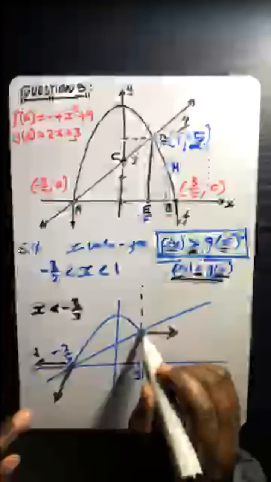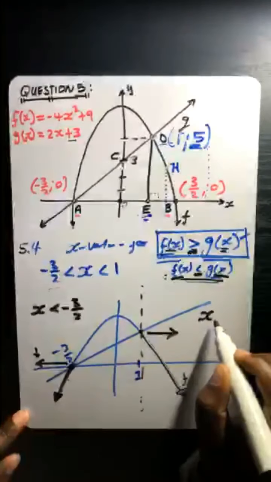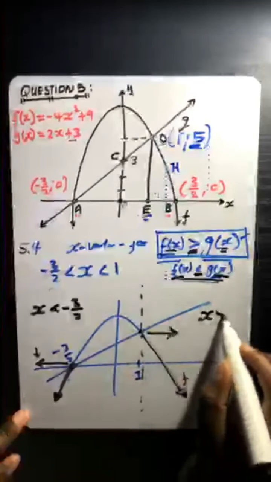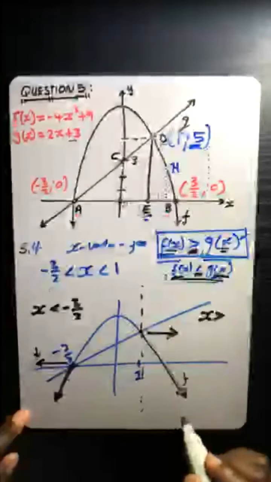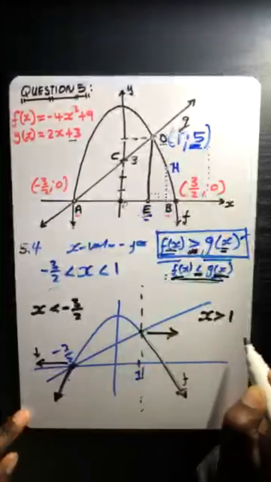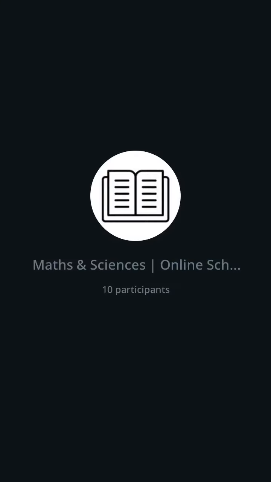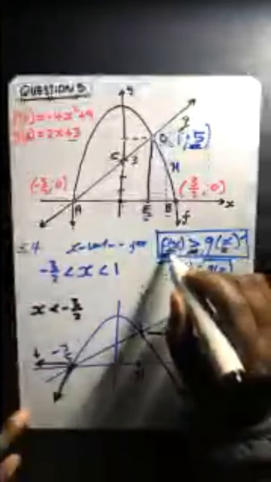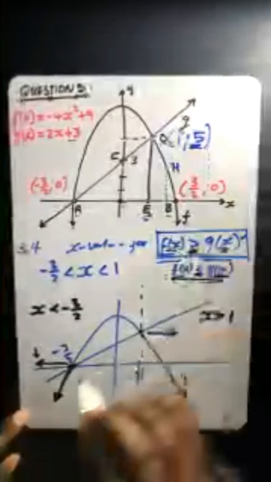Also from there, where x is 1, in that direction, that's why I use that arrow as the inequality sign in that direction, you also have the graph of f being below the graph of g. But in the earlier case, where they say f of x is greater than g of x, if it's greater, it means it's above that line.